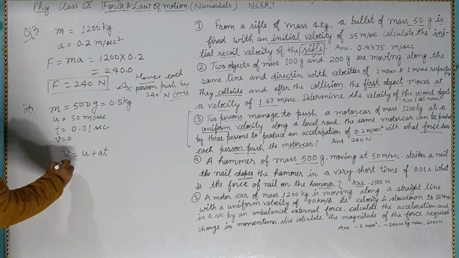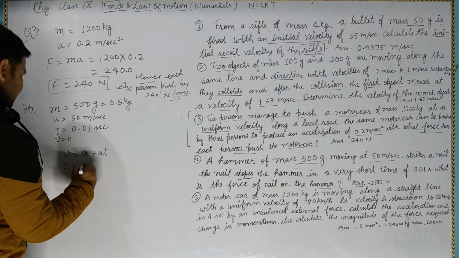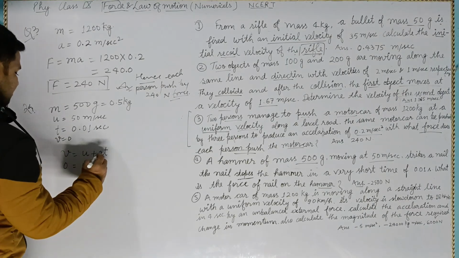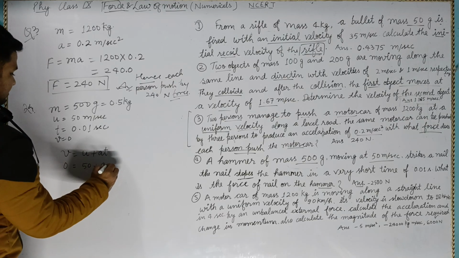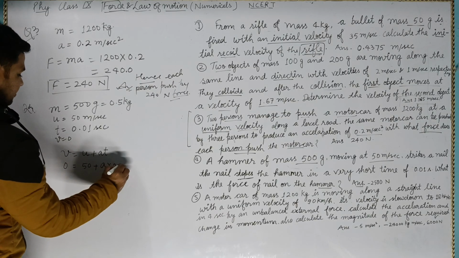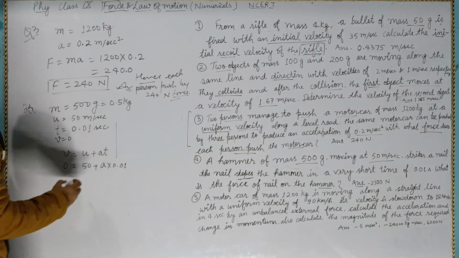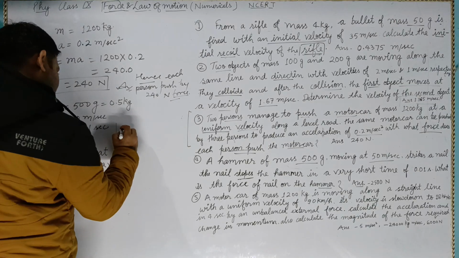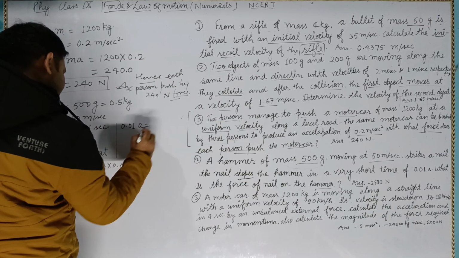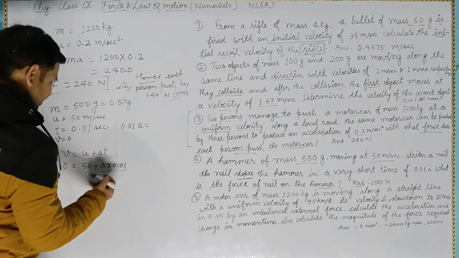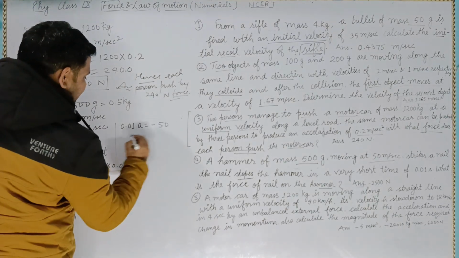Final velocity 0 equals initial velocity 50 meter per second plus acceleration, which we have to find, times time 0.01. We solve it. 0.01 a equal to minus 50.